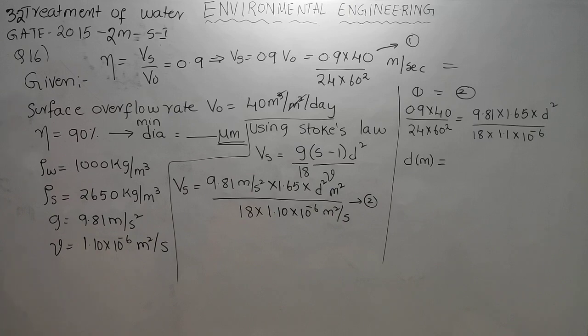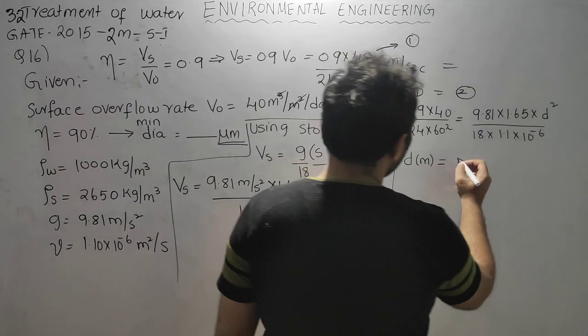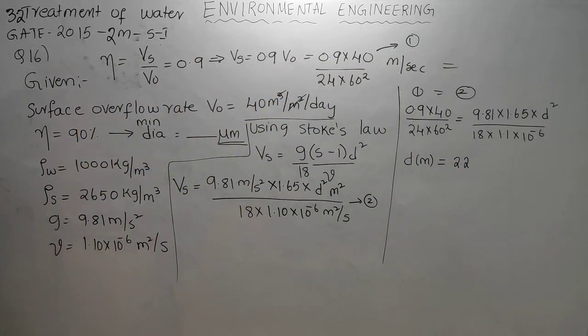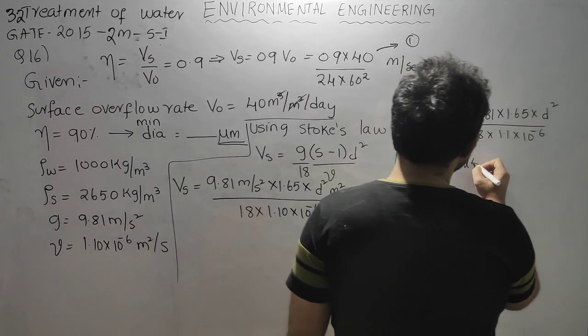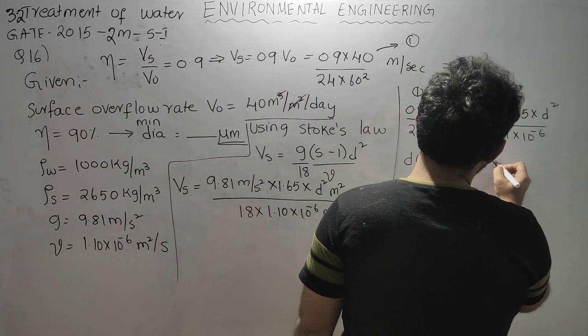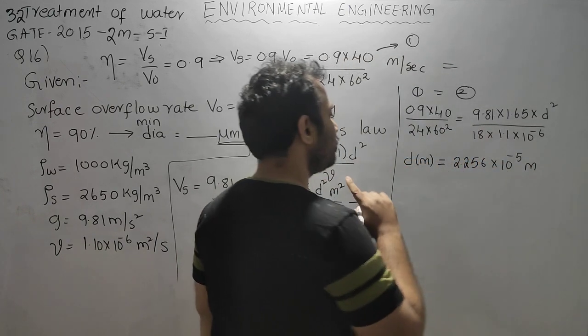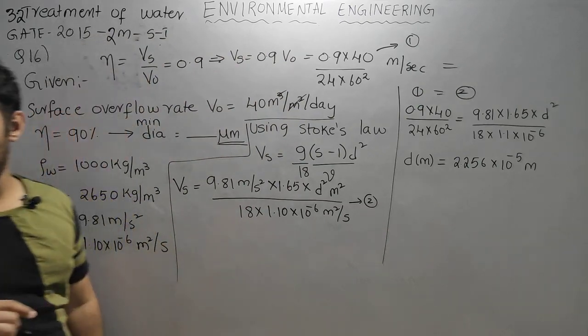So d is equal to 2.258 into 10 to the power of minus 5 meter.